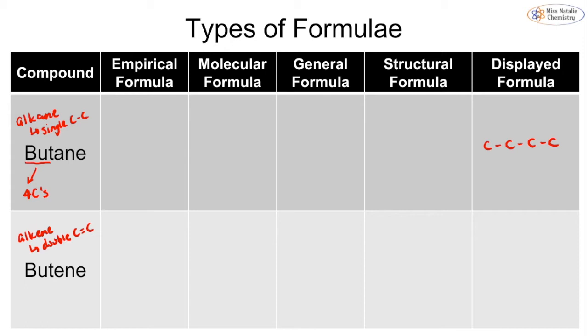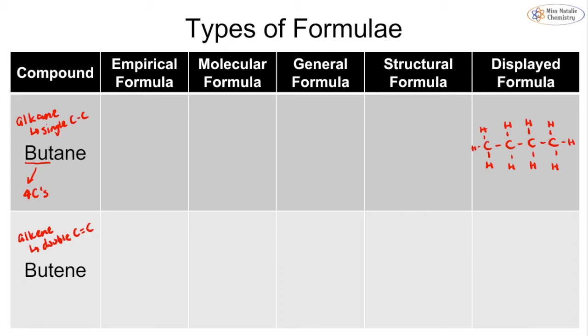They are all on their own, and now we want to make sure that each carbon has got a total of 4 bonds, and we do this by filling in the hydrogens. So we have 1 hydrogen, 2, 3, 4, 5, 6, 7, 8, 9, and 10. And that is our displayed formula.